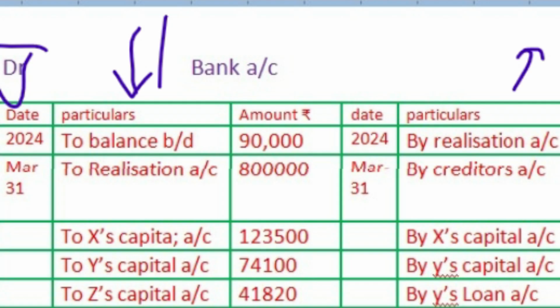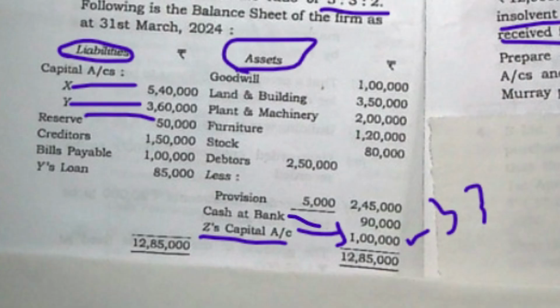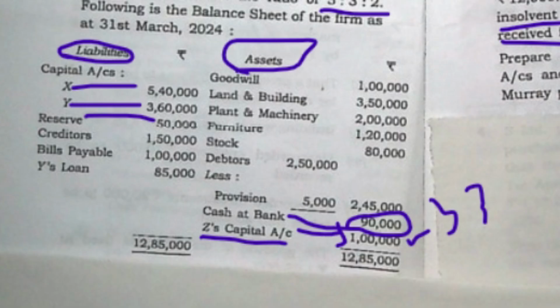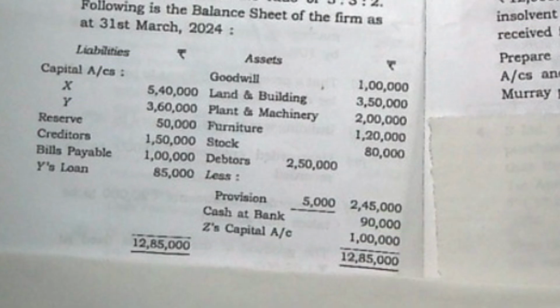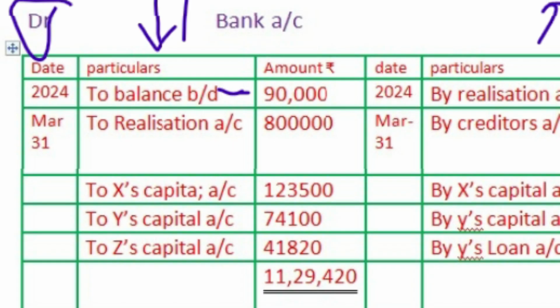Balance b/d, cash at bank, is given in the question: 90,000. So this amount will appear as balance b/d, 90,000.